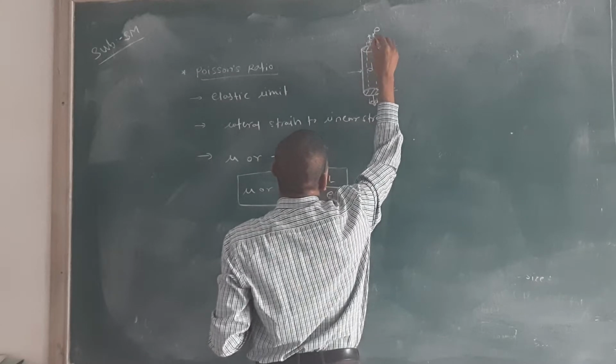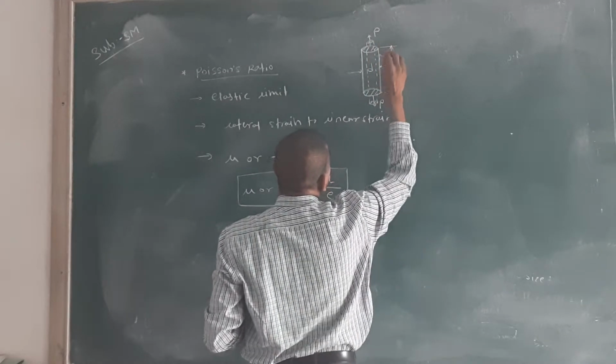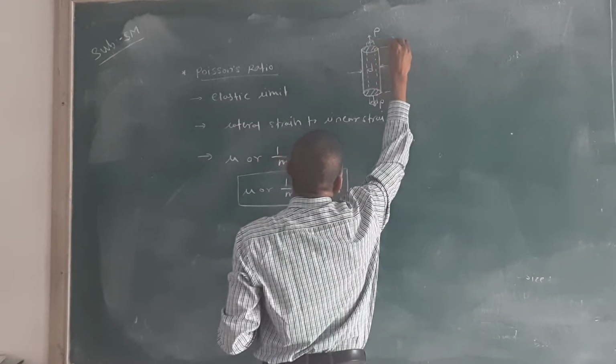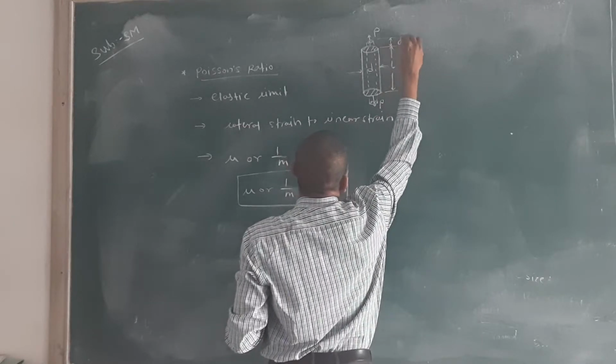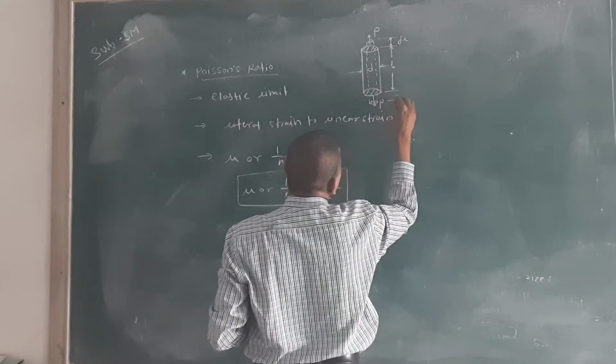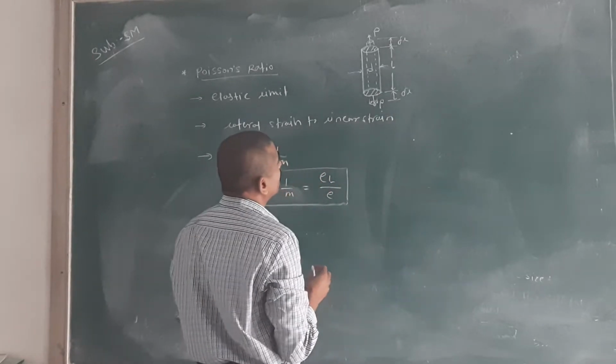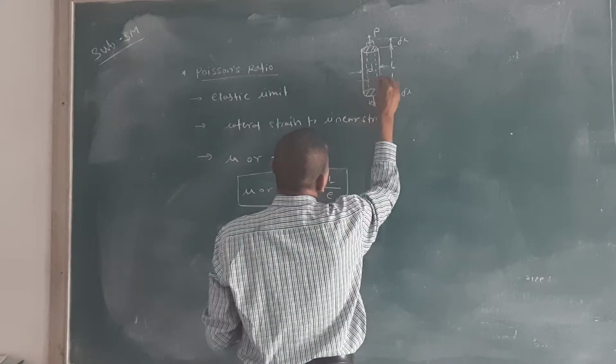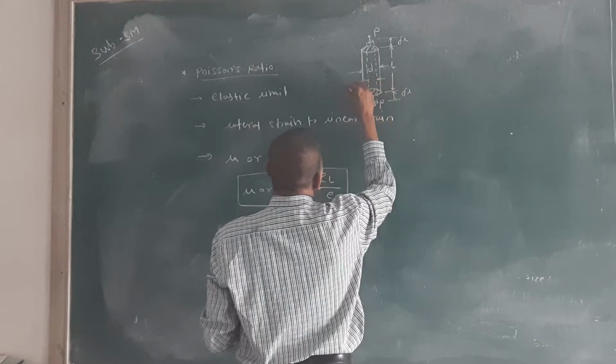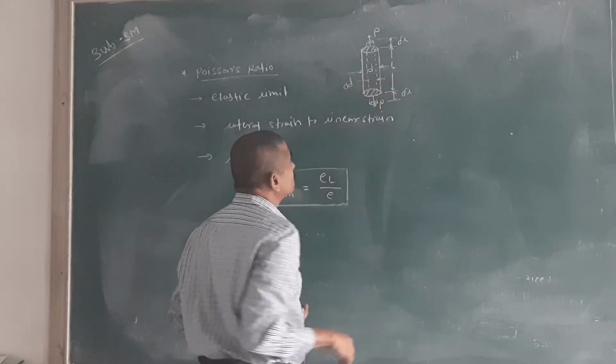So this one is the change in length, delta L, and this one is the change in diameter, delta d.